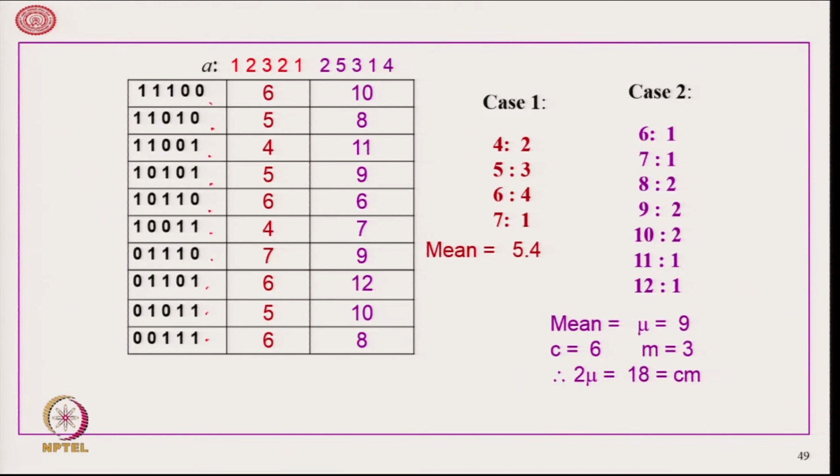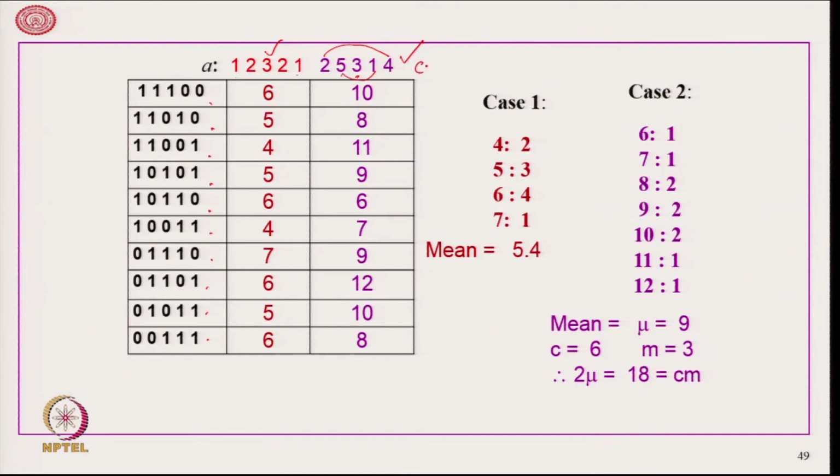Let us consider the A vector to be this and A vector like this. Note that here the condition is not maintained that A i plus A n minus i plus 1 is constant, but in this case we can see that this is 2 plus 4, 5 plus 1 and 3 plus 3, all of them are going to be 6.